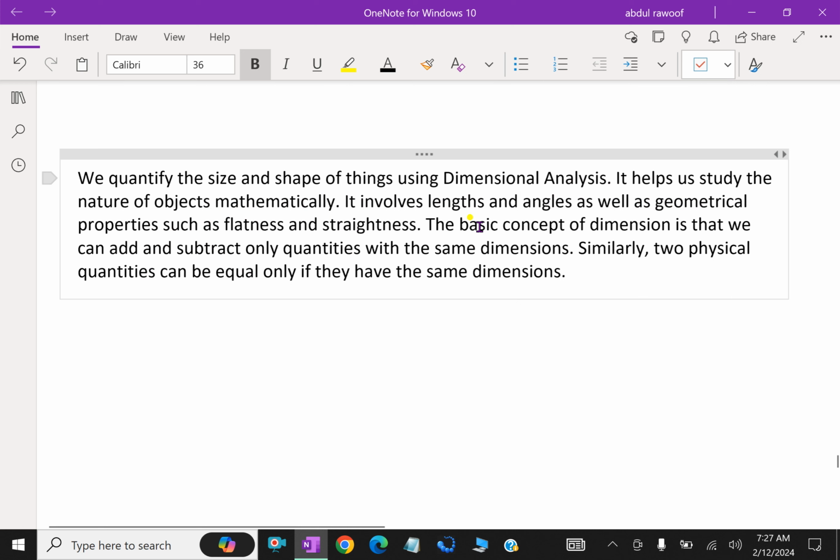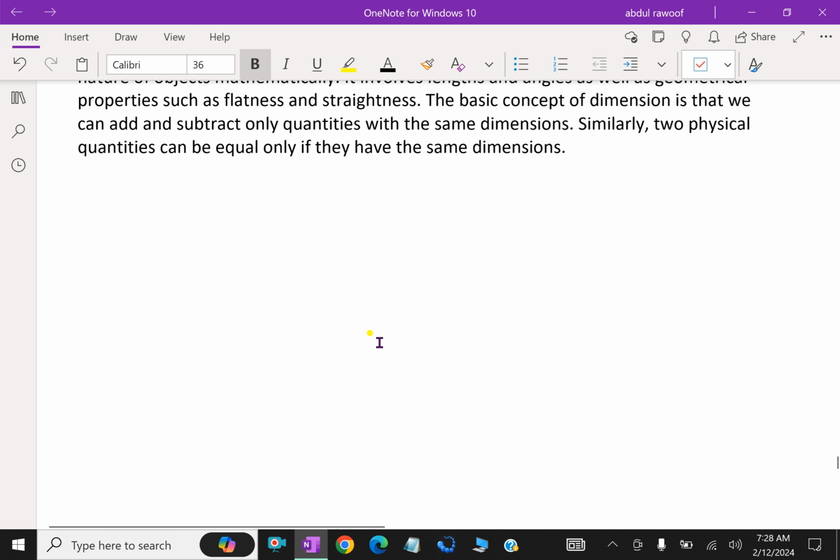It involves length and angles as well as geometrical properties such as flatness and straightness, also in fields other than fluid mechanics. The basic concept of dimension is that we can add and subtract only quantities with the same dimensions. Similarly, two physical quantities can be equal only if they have the same dimensions.